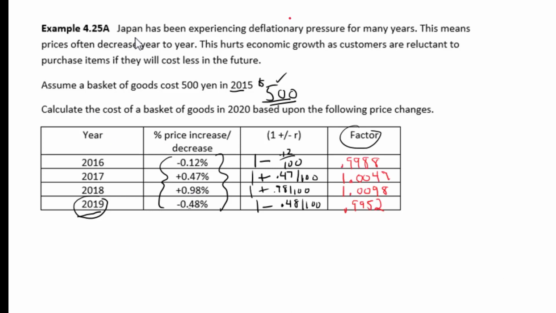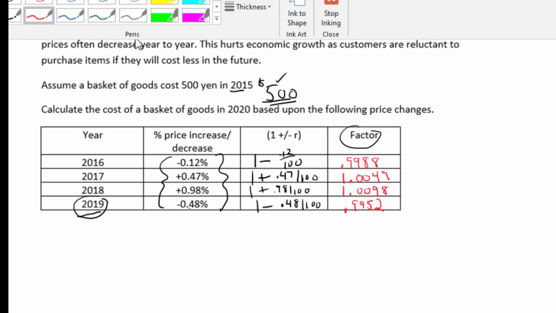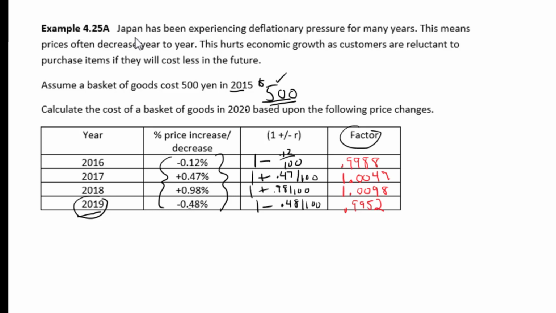Okay, so I got all the numbers there. Hopefully they match what you did. And now I'm just going to do the problem. So here's the initial $500. The first year it went down by 0.12%, so I'm going to multiply it by 0.9988. That's what I got there. And I'm not going to stop.